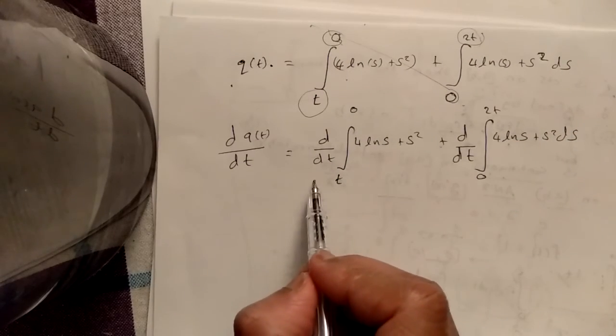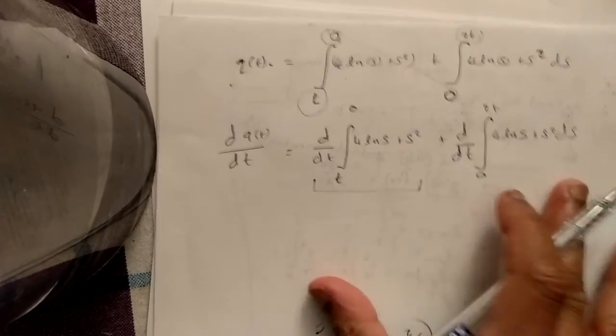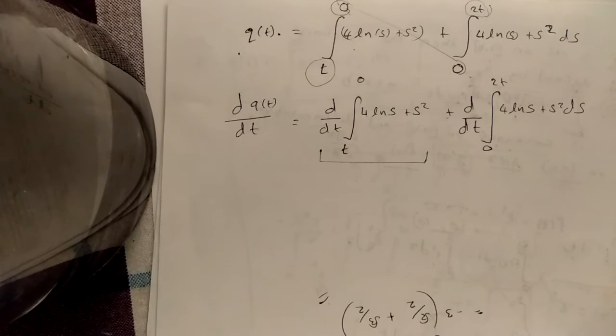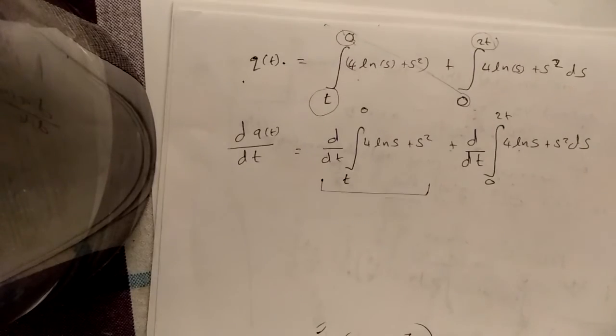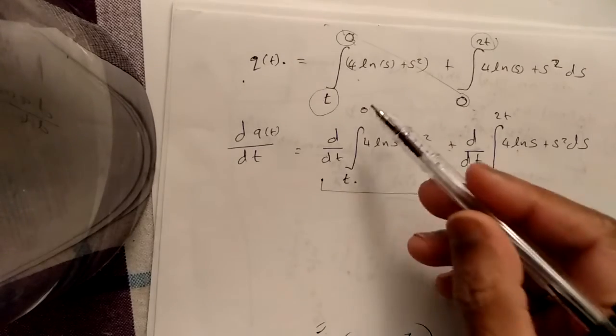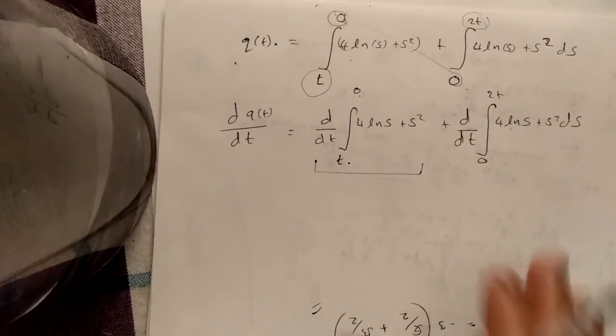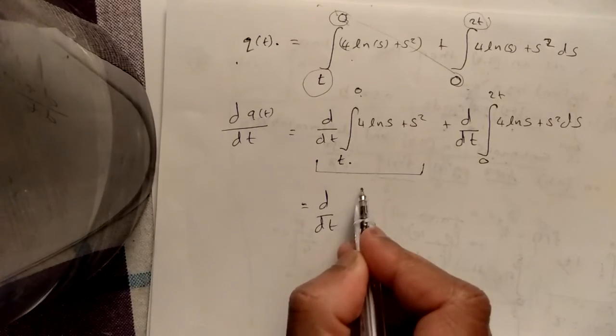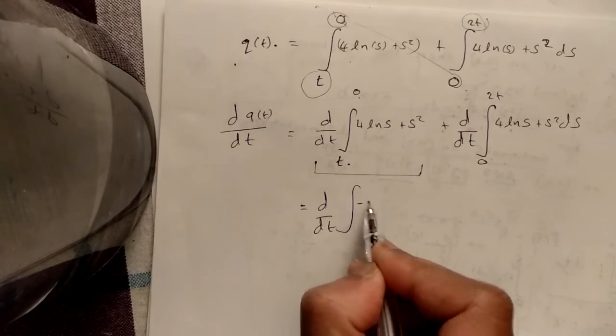If you consider the first term, we can apply the fundamental theorem, but there is one more additional requirement, which is that you should have the variable as the upper limit. So what we can do is write down the same thing with a negative sign, right?